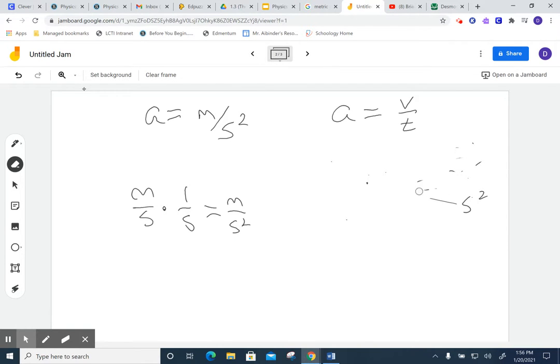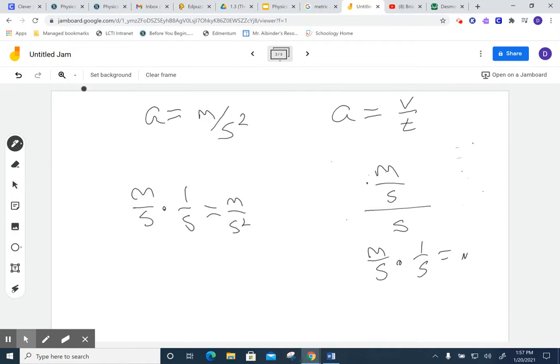Well, velocity is generally meters per second. It can be all sorts of other things, but for our purposes, let's do meters per second. So, meters per second divided by seconds is the same thing as meters per second times 1 over second, which is meters per second squared.